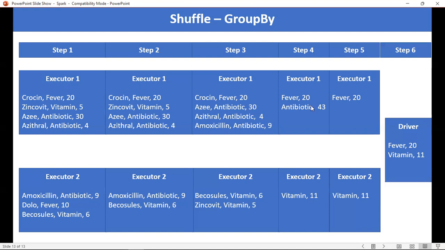So you add all of them, it gives 43. So the sum operation did not require any movement of your data between machines. That is a narrow transformation, right? In the same way, the count function is a narrow transformation. So this was the difference between wide and narrow transformation and how shuffle plays a role in creating a performance bottleneck.